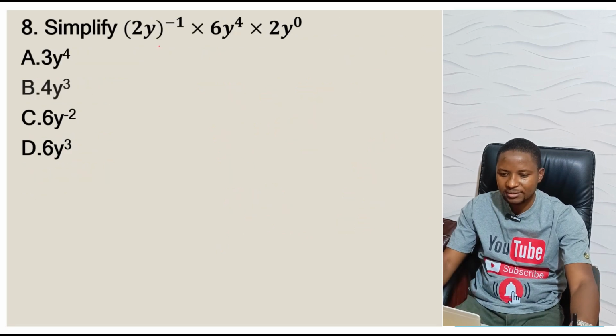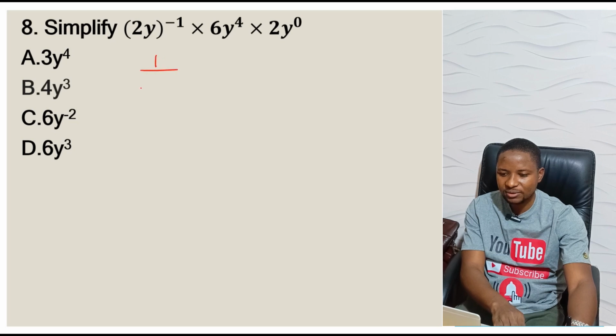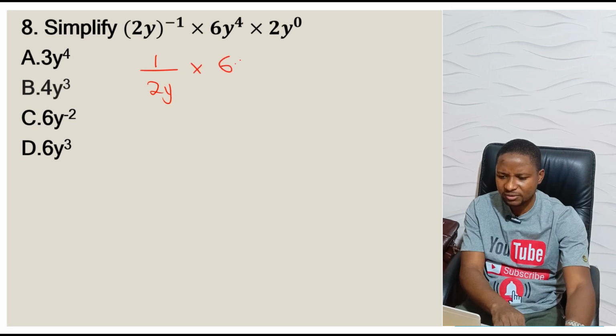Moving on to question 8. Simplify. Raised to a negative number. To deal with the negative, just take 1 over the same expression without the negative, and because it's just 1, you leave it this way. Then times 6, y raised to power 4 times 2.